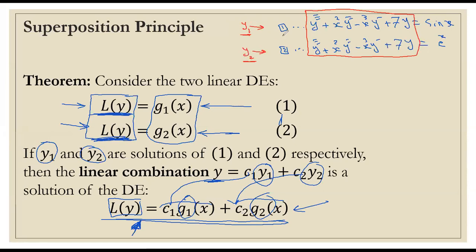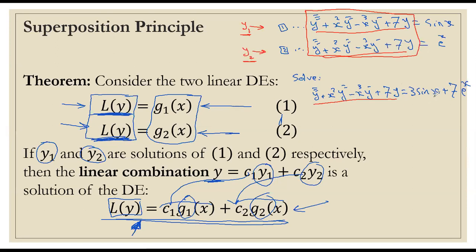Now, if I asked you to solve the following differential equation, which is y triple prime plus x squared y double prime minus x cubed y prime plus 7y. So the same left-hand side, notice. But my right-hand side is 3 sine x plus 7 e to the x.